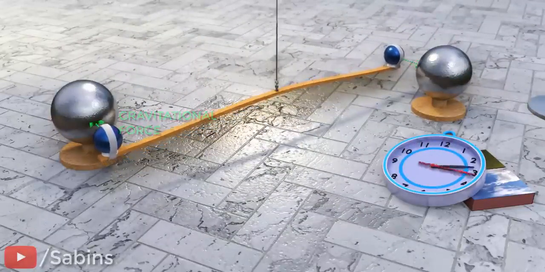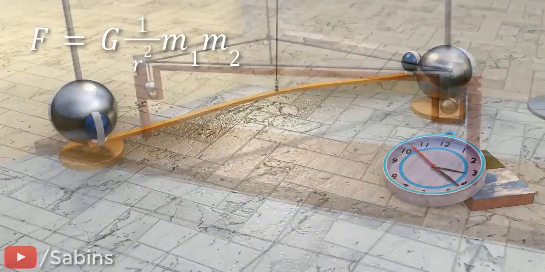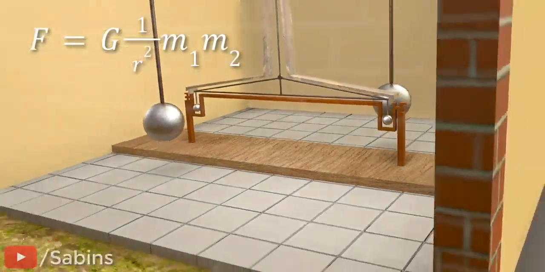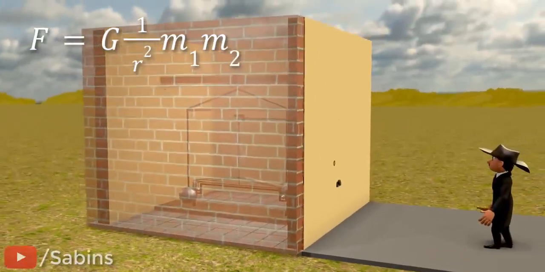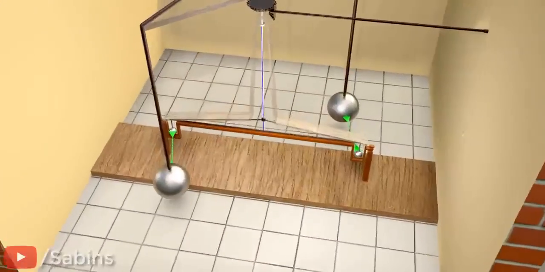Even though Sir Isaac Newton derived the equation for the universal law of gravitation, he didn't find out the value of G. Many years later, an English scientist named Henry Cavendish came up with a clever idea to determine the value of G. His experiment was very similar to the example we saw earlier.